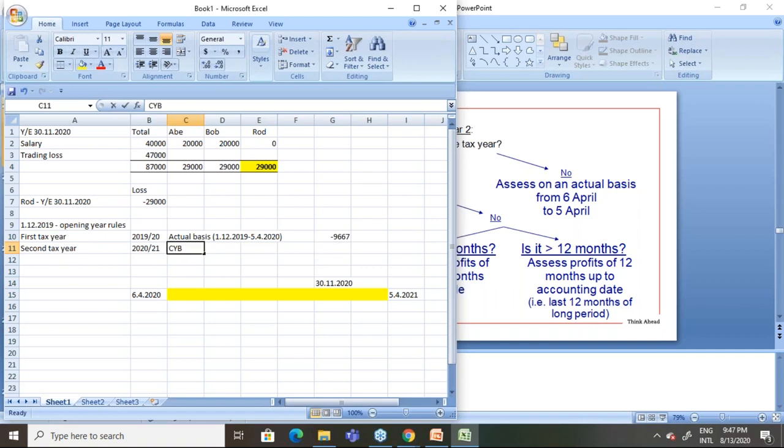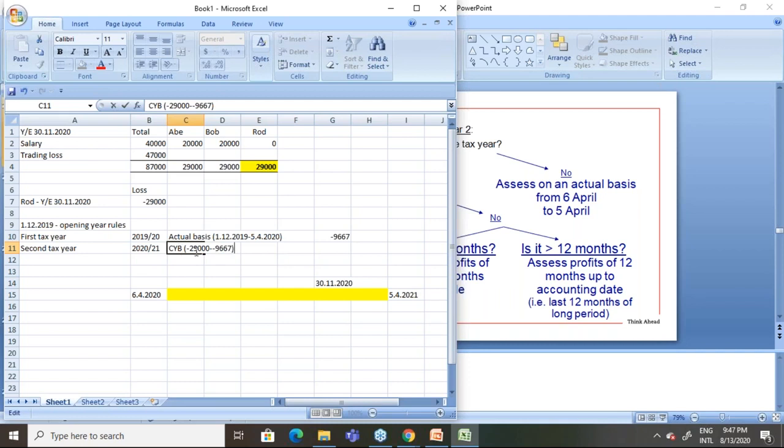Here you have a loss of 29,000 pounds. But from that, for the previous period, you have already taken a loss of 9,667.